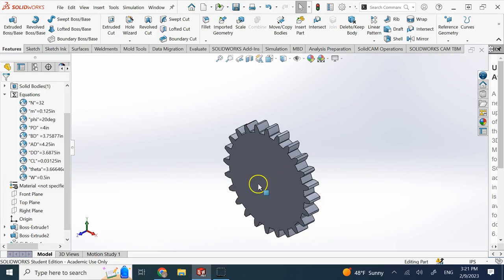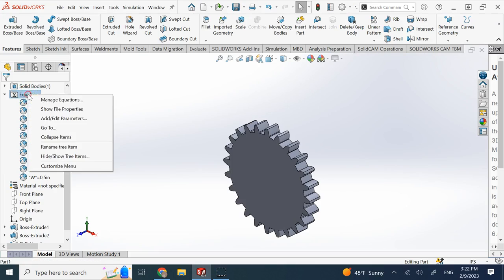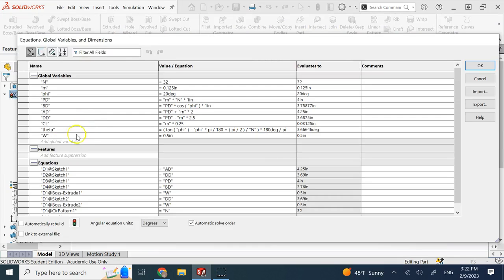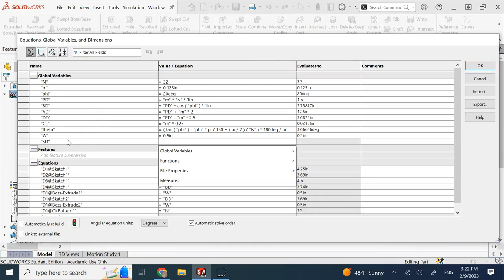What I need to do is create a hole here and provide the diameter of the shaft. So I can add one more parameter here, and that is the shaft diameter. Let's say in this case it is an inch, right?